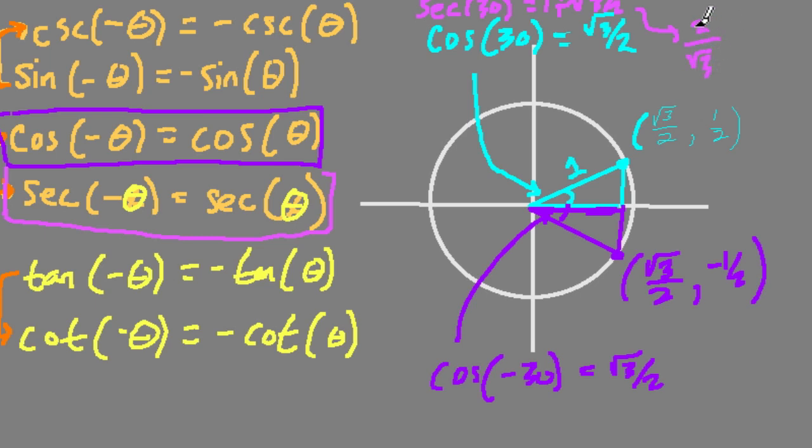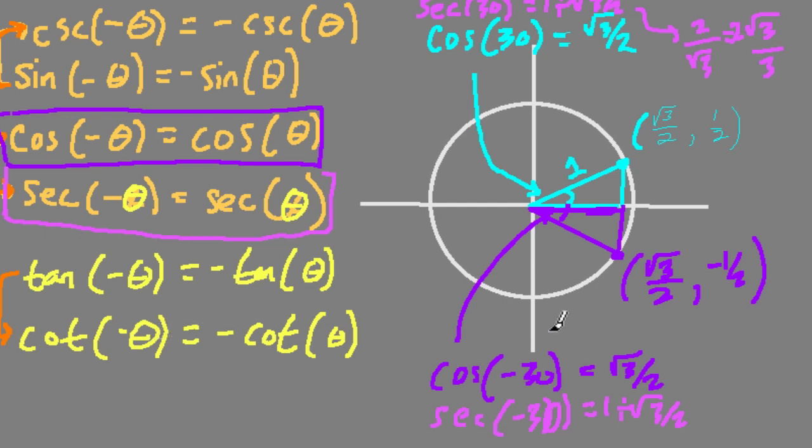You multiply the numerator and denominator by radical 3, and you get 2 radical 3 over 3. And the same thing is going to happen here. The secant of negative 30 is just going to be 1 divided by radical 3/2, and that's going to end up being the same thing. So secant and cosine don't change for negative or positive values of angles. However, sine, cosecant, tangent, and cotangent all do.